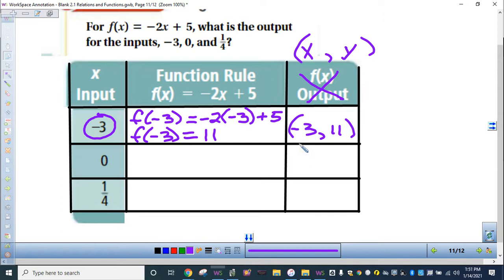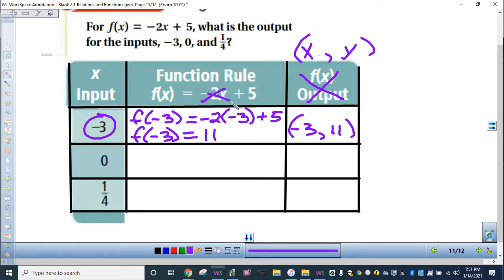When we plug in 0, what do we get? Show me with your hands. Do it in your head. Should be easy, no problem. No, you don't get 0. You get 0 for part of it. You get 5, right?